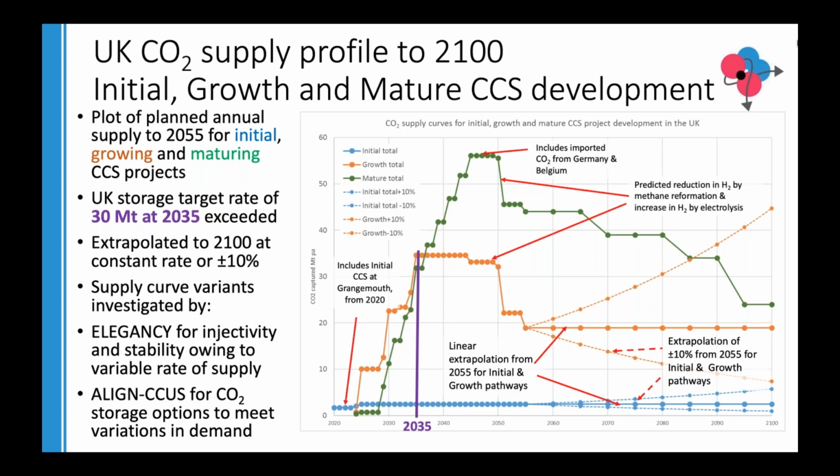That doesn't seem very likely if you're going to invest in a lot of this infrastructure over the next 20 to 30 years, and with increasing growth as needed to achieve the net zero targets and achieve the 2°C targets for the UK, then we couldn't imagine a situation where all that would suddenly stop at 2050. But we didn't have much more information, so we took a fairly flat linear extrapolation there, but then put on top of that a plus or minus 10% to capture some sensitivities around that.